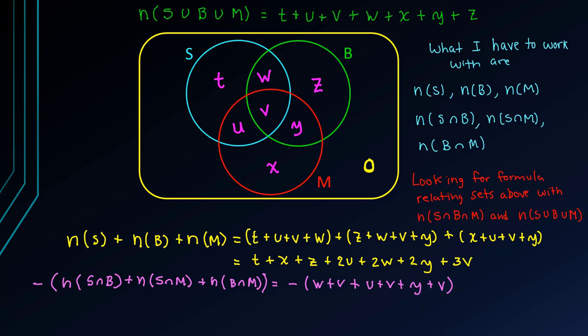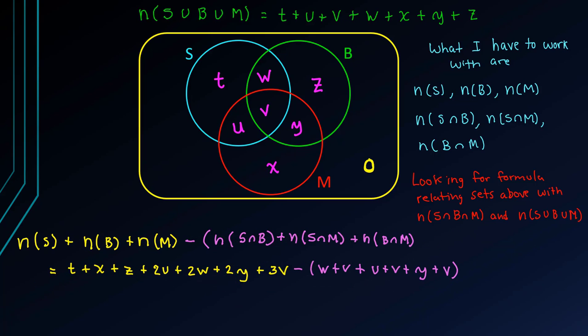I do the minus the number of S and B plus the number of S and M plus the number of B and M, which would be me subtracting X, W plus V plus U plus V plus Y plus V. And if I carry through that subtraction, what I'm going to end up with is T plus X plus Z plus U plus W plus Y, because this W got subtracted from one of these, making it 1 W. This U got subtracted from these 2 U's, making it 1 U. This Y got subtracted from 2 Y's to make it a single Y. I had 3 V's here, and I have 3 V's in here that made the V's go away.